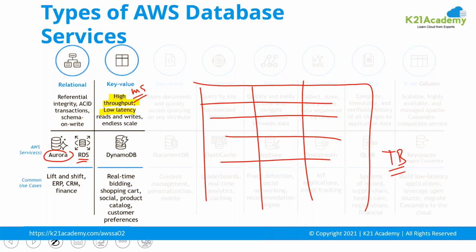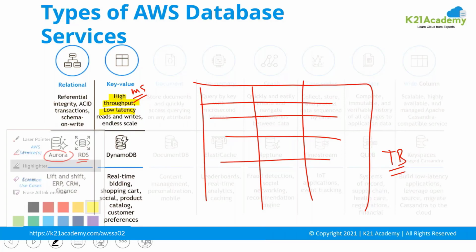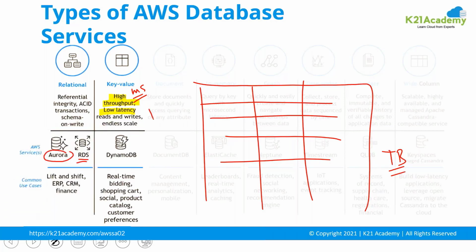If you are looking for such kinds of high throughput, low latency databases, where you can do reads and writes into the database endlessly, and the most important thing is that you are not bounded by the structured database that we usually have with our relational database systems.